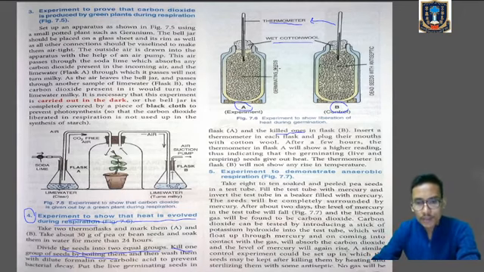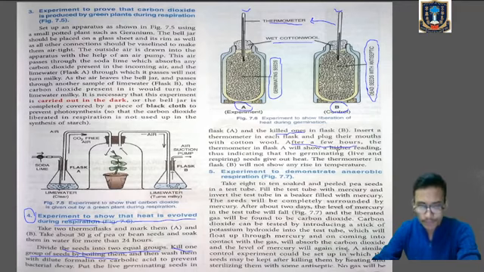So in flask A we have the germinating seeds, and in flask B the dead seeds with antiseptic like carbolic acid to prevent bacterial decay. Then we put the thermometer in both flasks, and the mouths are covered with wet cotton wool. After a few hours, what will we observe?